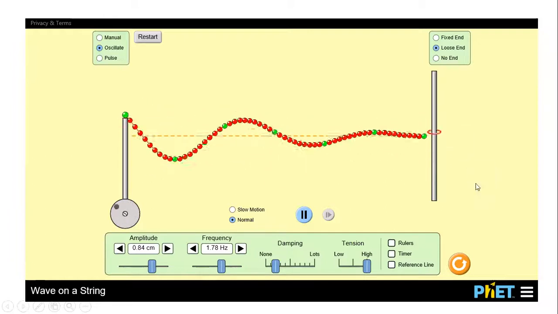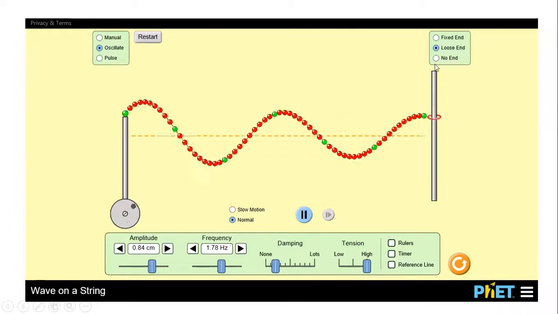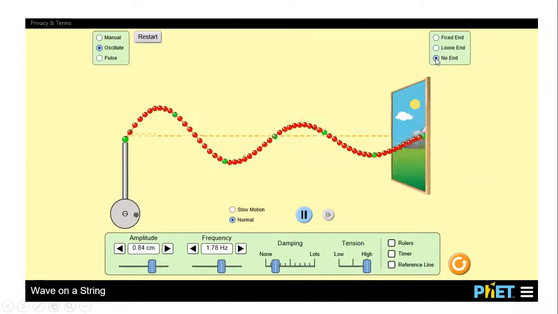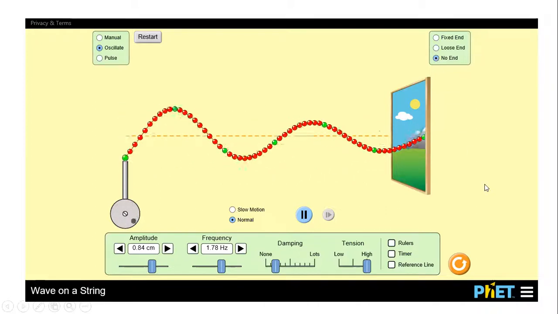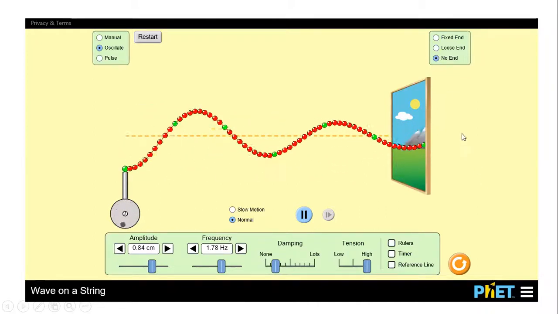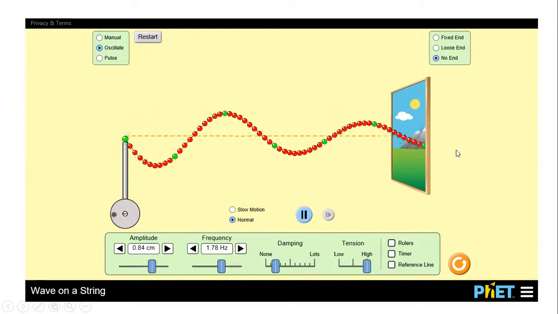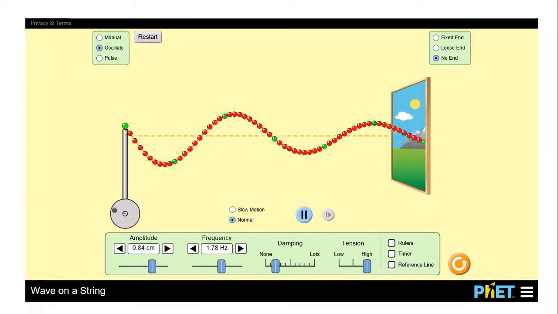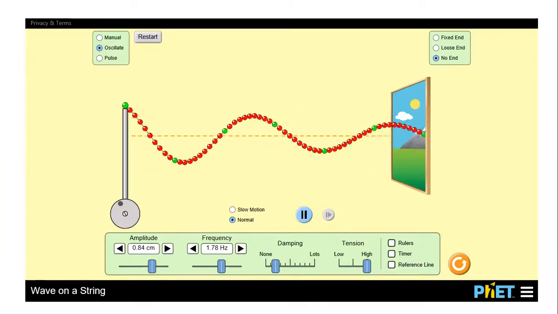Then you can see how the oscillation looks. No end is almost the same as a loose end. So this is how it looks.